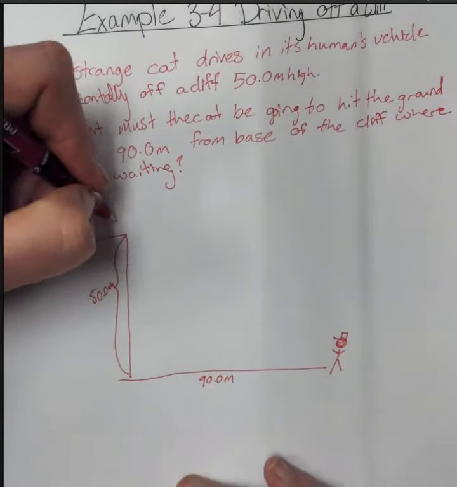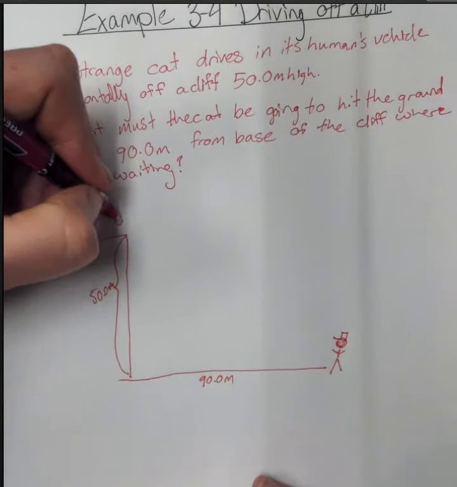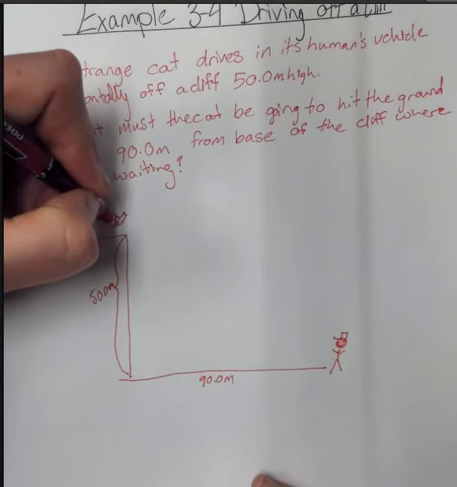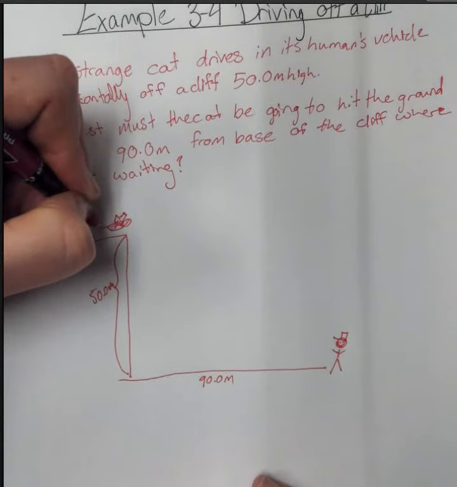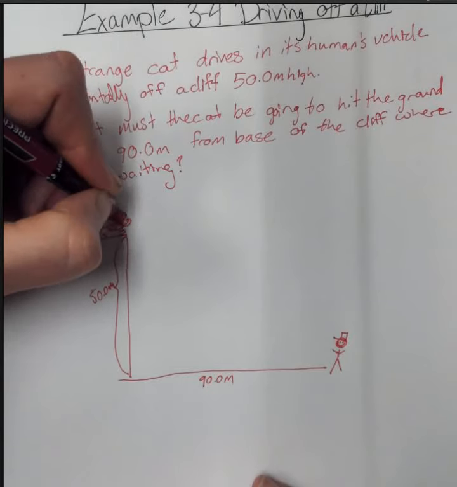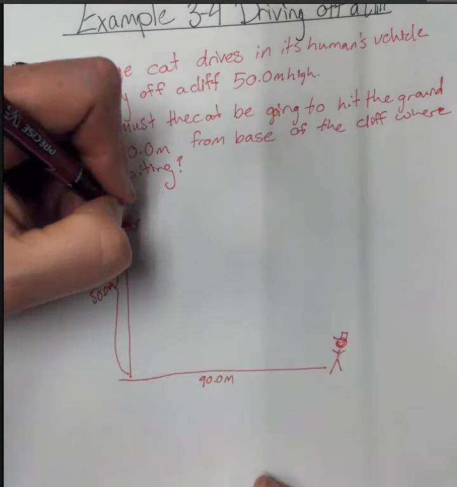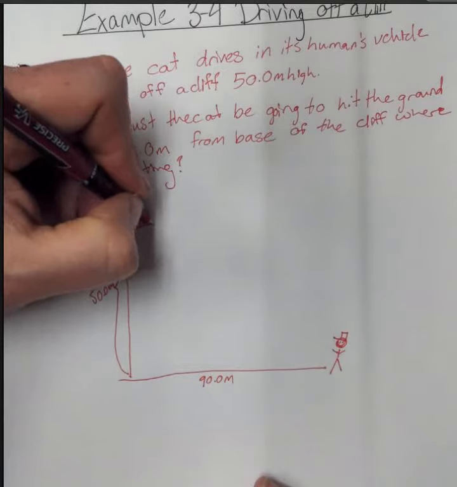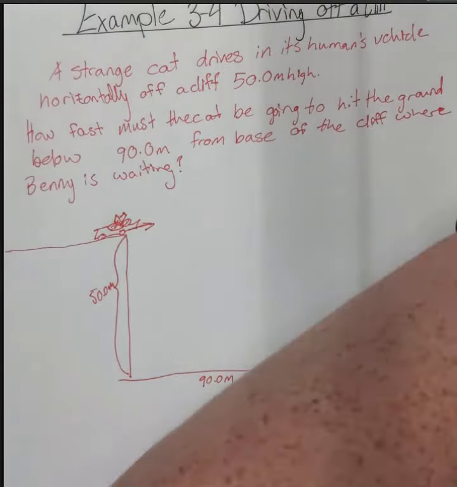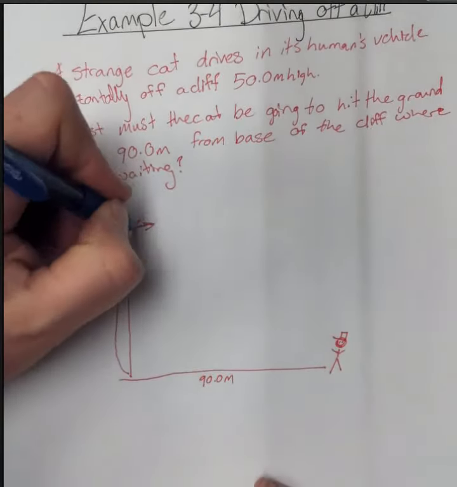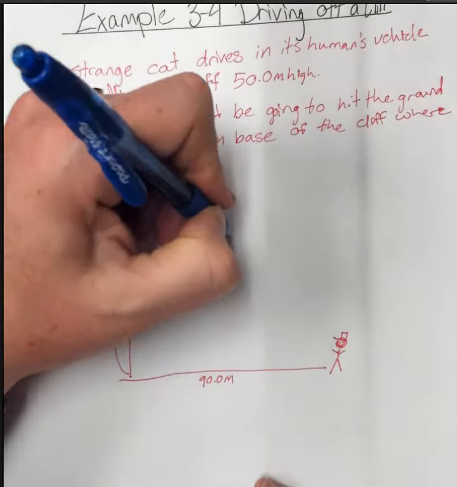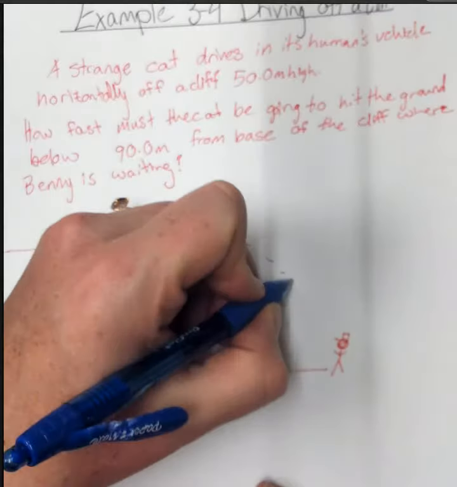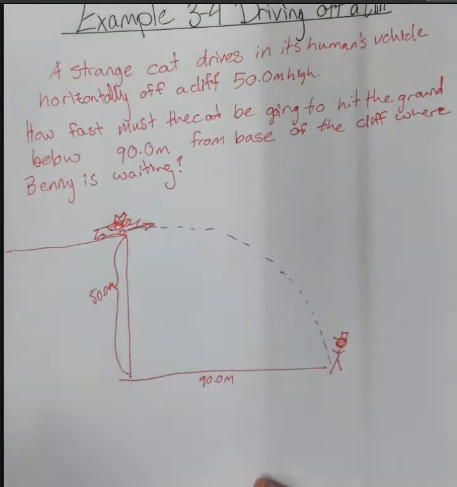And here's the cat, driving its owner's vehicle. And it's going to drive horizontally off of the cliff. And we want that cat to make it all the way there before it hits the ground.